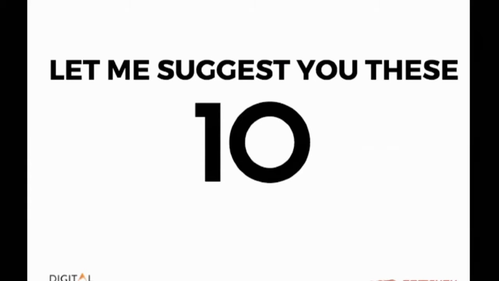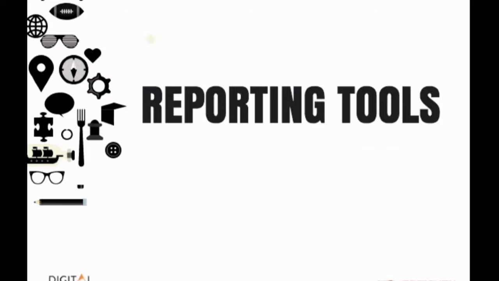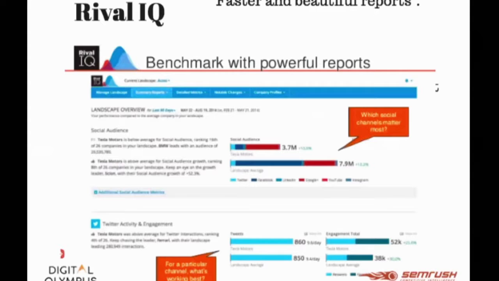So from our categorization, let me talk to you about 10 of them. The first one is going to be reporting tools. Let me show you one tool that I certainly love for the past, I don't know, maybe 5 years. They're getting better and better every time. But this year, I fell in love with them. These guys from Rival IQ, they have the fastest and most beautiful reports that I have ever seen. Rival IQ can create single reports on multiple platforms.